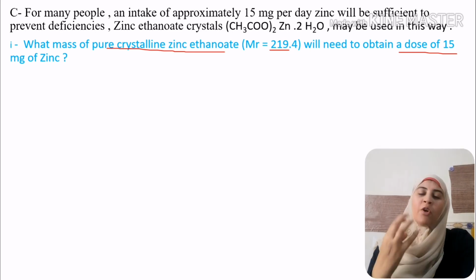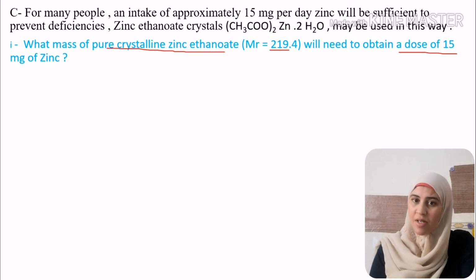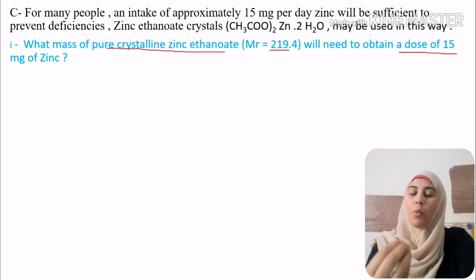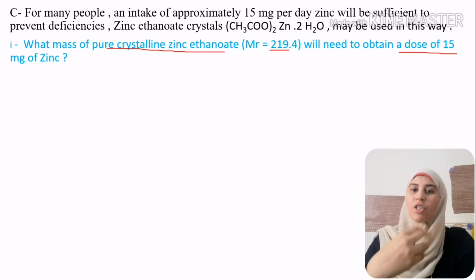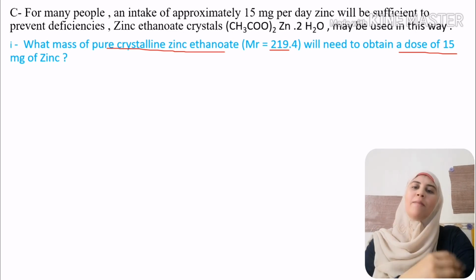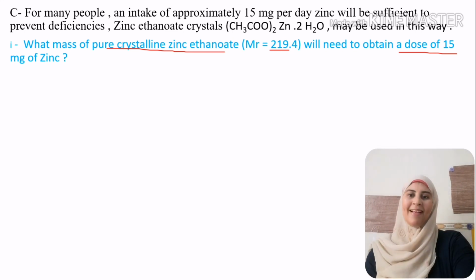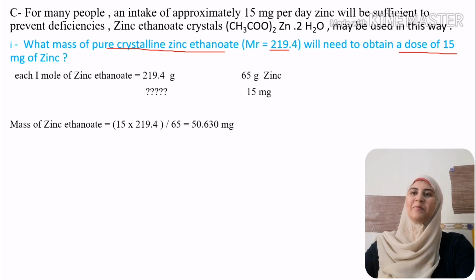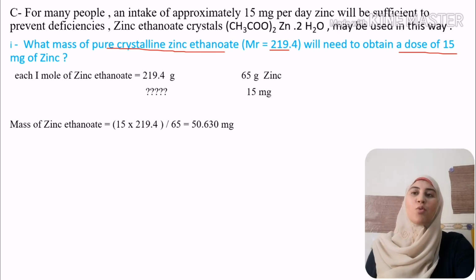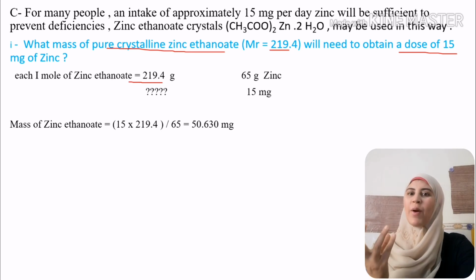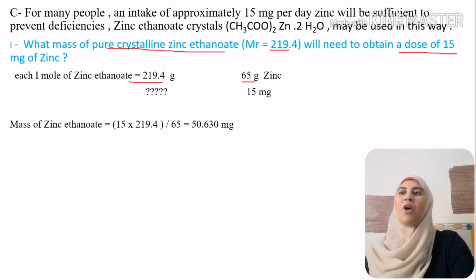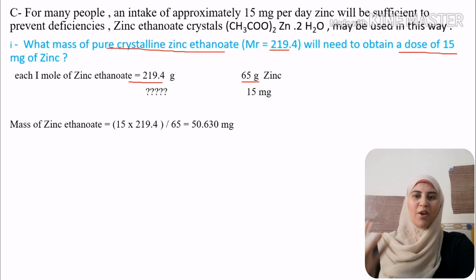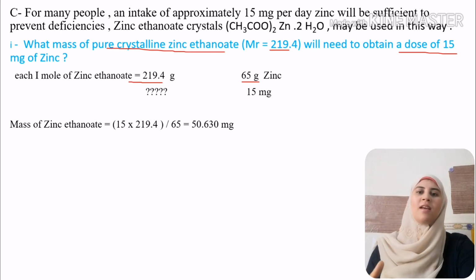How many grams or milligrams of zinc ethanoate will I take to give me 15 milligrams of zinc? At first, each 1 mole of zinc ethanoate contains how many grams of zinc? 65. From where 65? From the molecular structure of zinc.